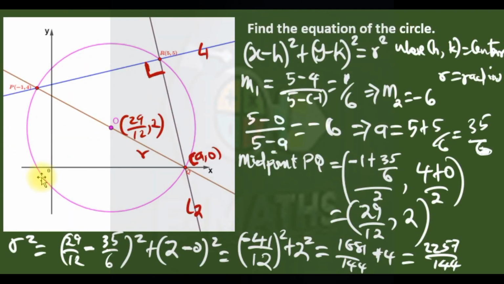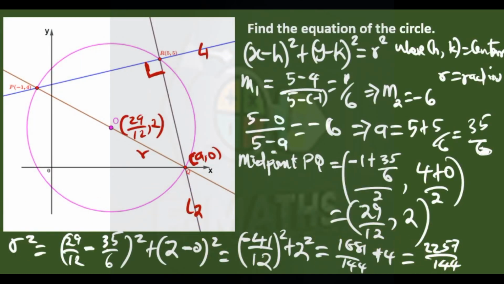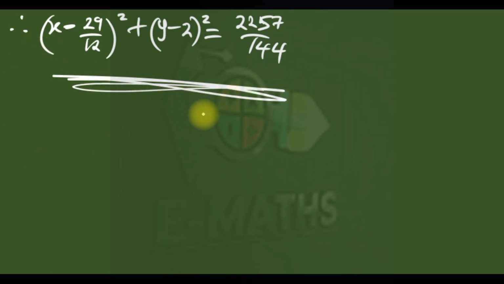Therefore, the equation of the circle is (x - 29 over 12)² + (y - 2)² = the radius squared, which is 2257 over 144. So that's the equation of the circle. That's the answer. Thank you.